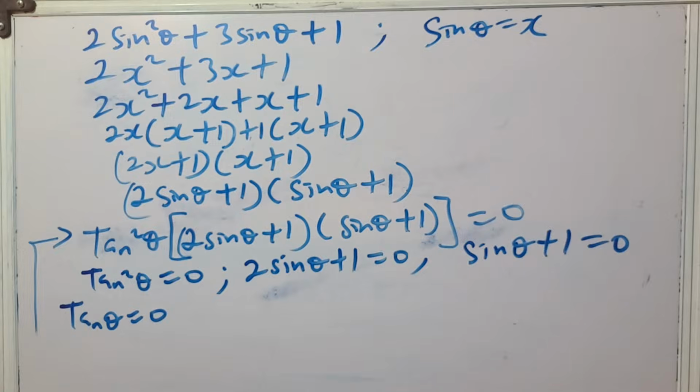So guys, if you have tan theta equals 0, what's your theta going to be equal to? What's arctan 0? Anyway, if you use your calculator, you should get your theta to be 0 and 180 degrees right here.